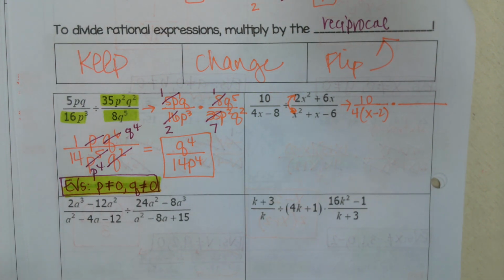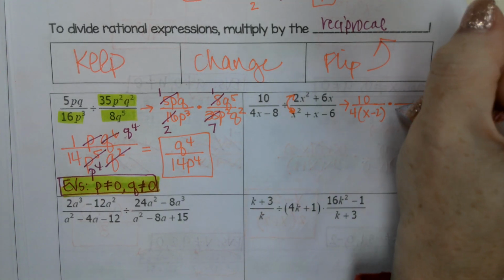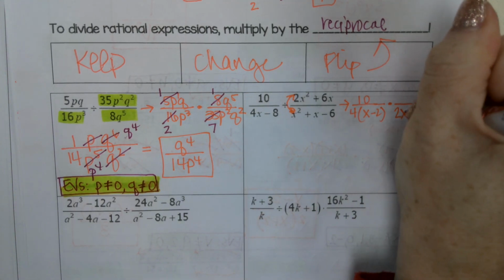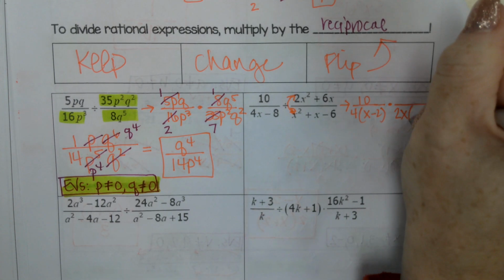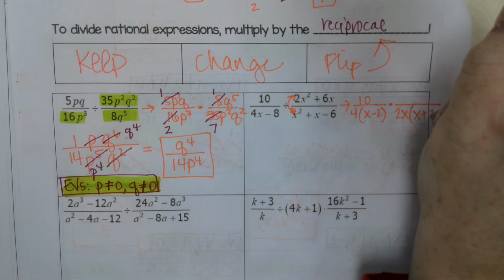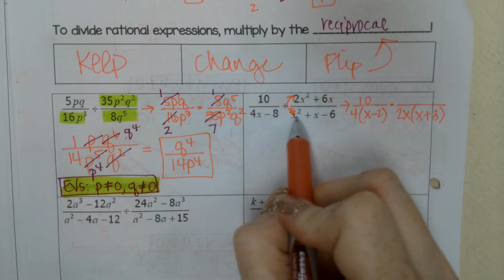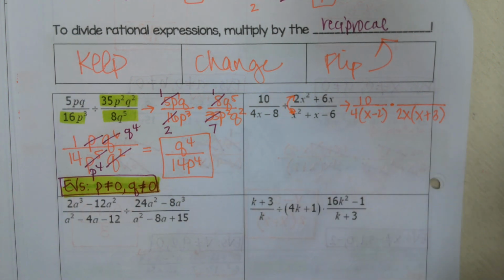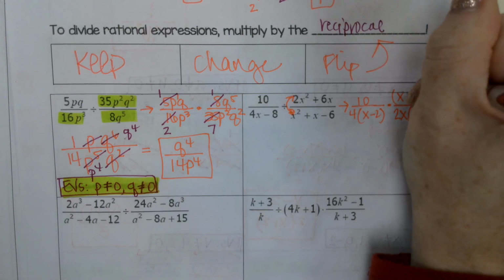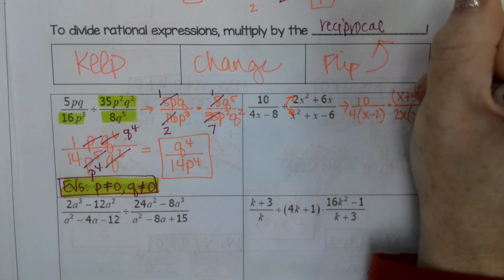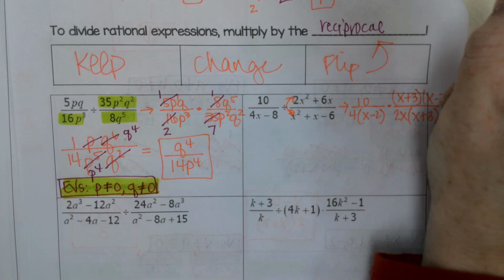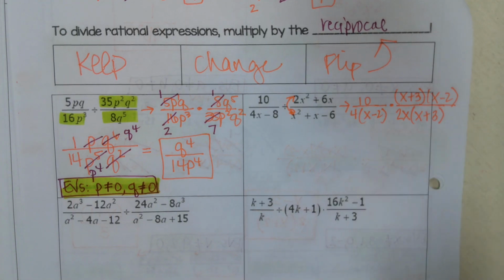But what can I do to factor that? I can just take out a 2x. That leaves me with an x plus 3. And then what does this factor into? Should be x plus 3, x minus 2.